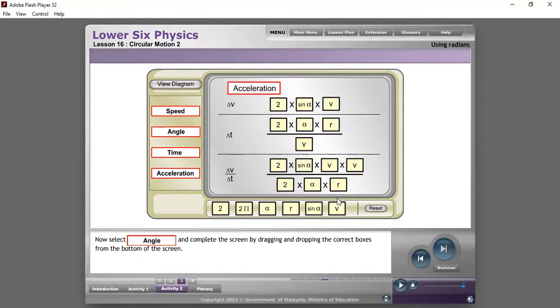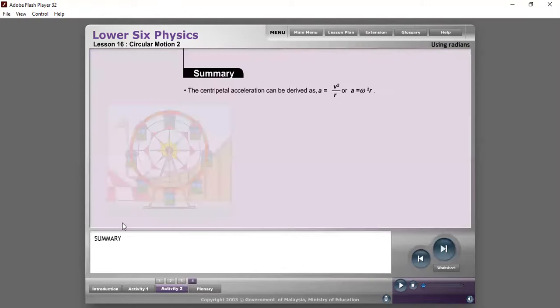So at the end, cancel the 2, we get sin alpha over alpha times v squared over r. There will be the acceleration. So this means, as a conclusion, the centripetal acceleration can be derived as a equals v squared over r, or a equals omega squared r.